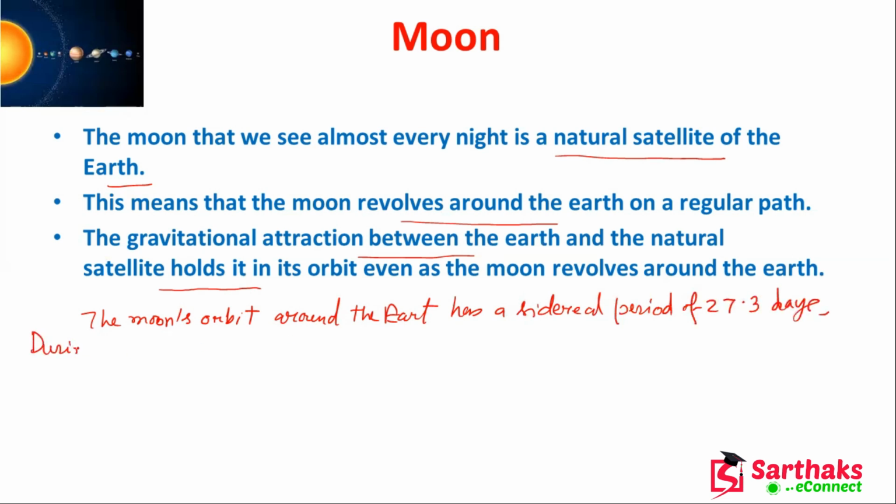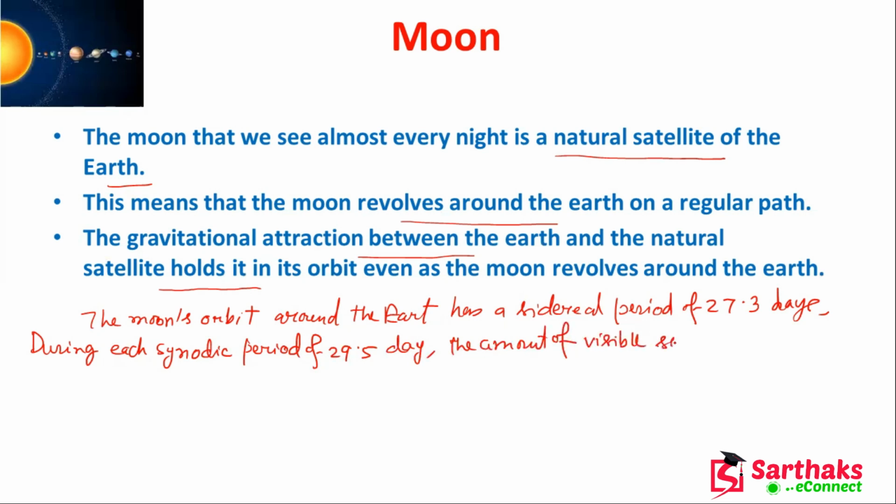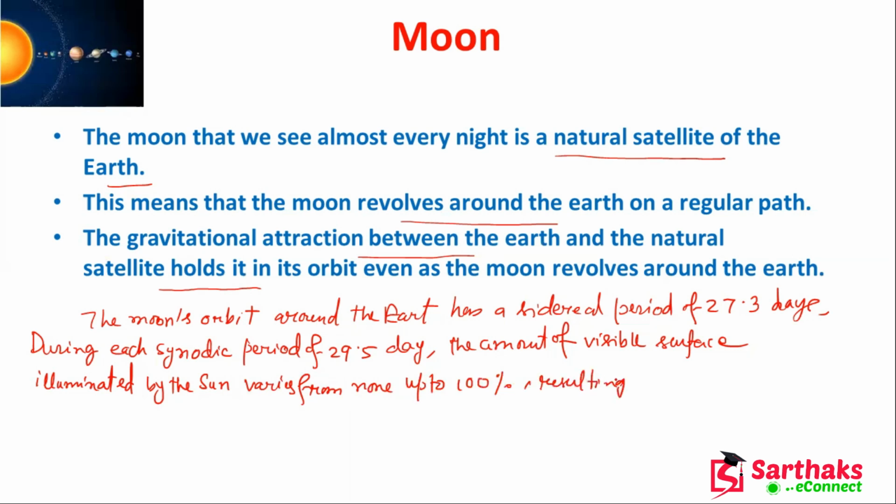And during each synodic period of 29.5 days, the amount of visible surface illuminated by the sun varies from none up to 100%, and this results in lunar phases.